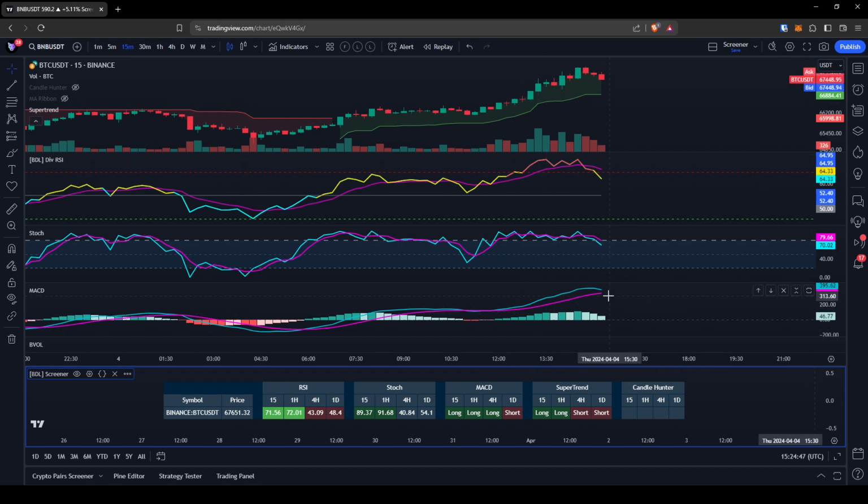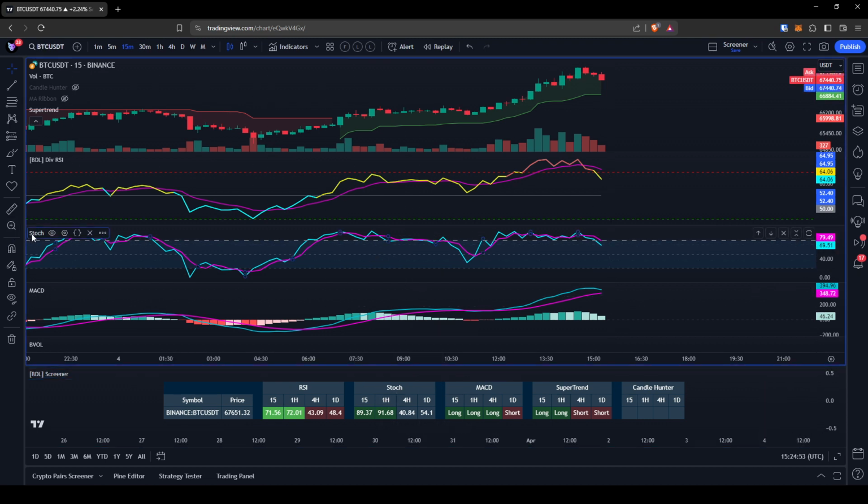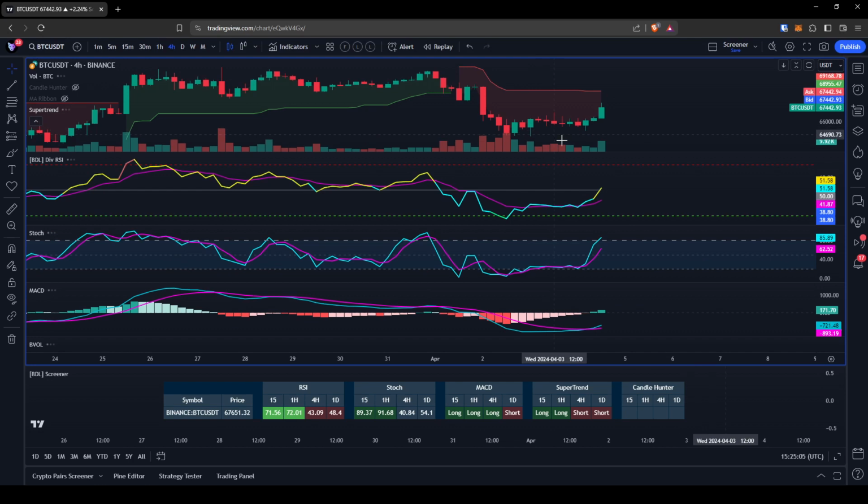Great. And also the stochastic. That's a great indicator to use for spotting reversal signs. So you see on the 4 hour and the daily, they're still neutral. On the daily, we're just above the 54, so that's great.